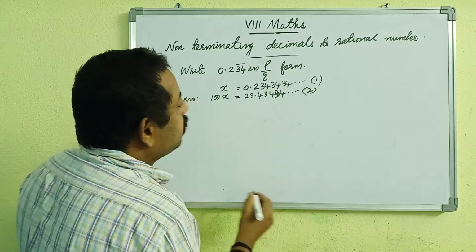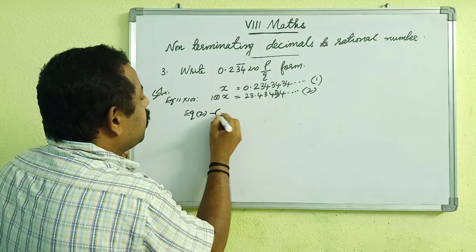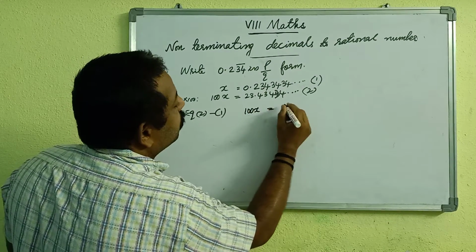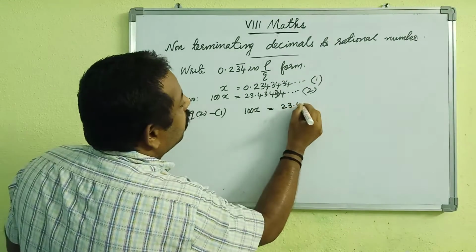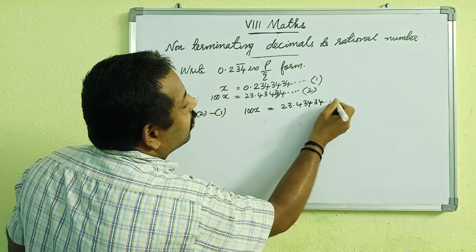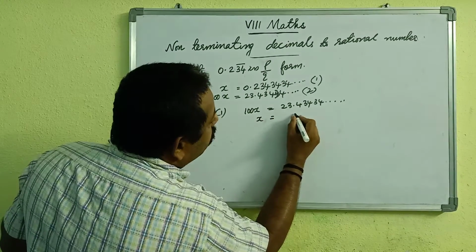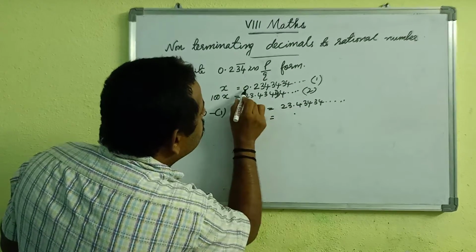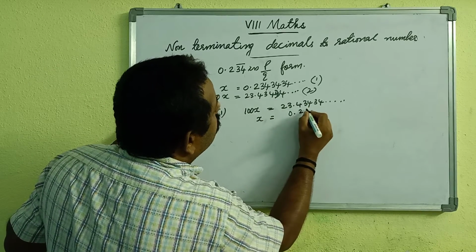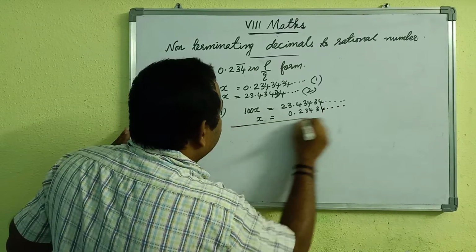Second equation. Same method, equation 2 minus 1. Let us write the second equation: 100x is equal to 23.43434, like that you can write. Then x is equal to, write the point straight below this point, then what is this? 0 only. 0.234 34.